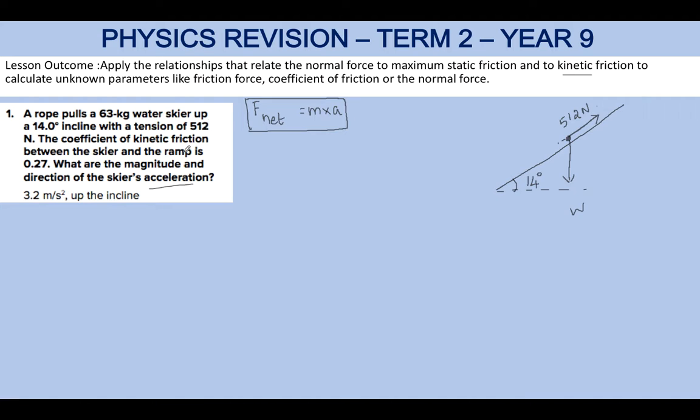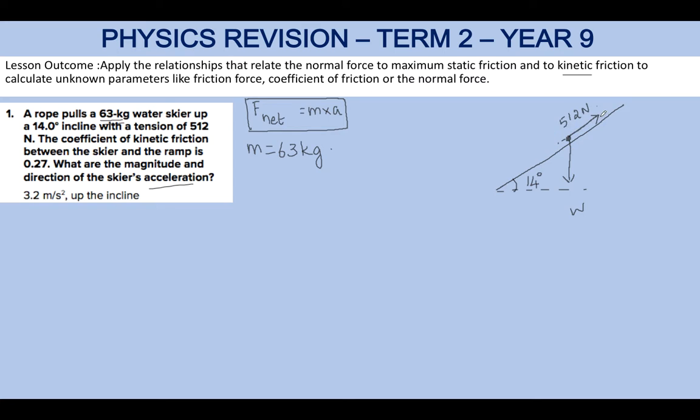Now let's look into the question. A rope pulls a 63 kg water skier up at 14 degrees. I've already drawn it here, so it is at 14 degrees to the horizontal. The tension force, the applied force that is pulling the skier up, is 512 Newton.